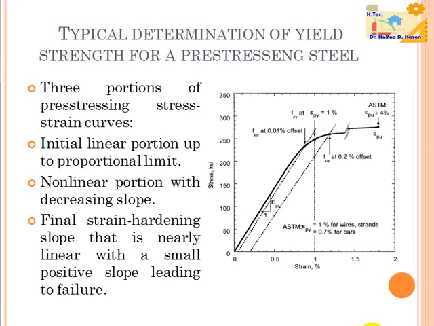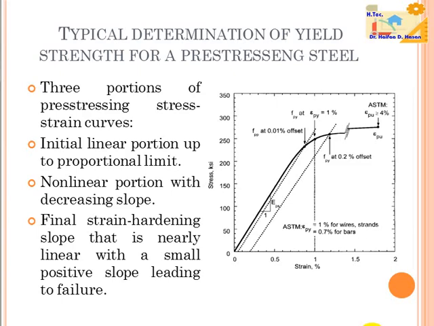In practice, however, the proportional limit is generally determined by the stress corresponding to a permanent non-recoverable or offset strain of 0.01% or 0.02% depending on some specifications.